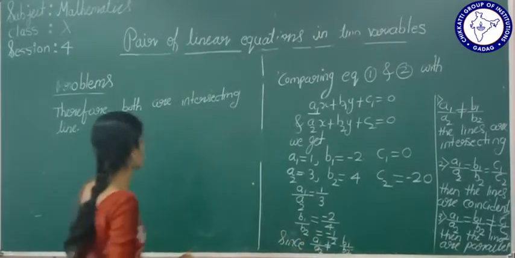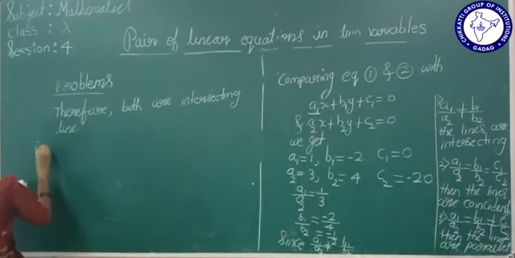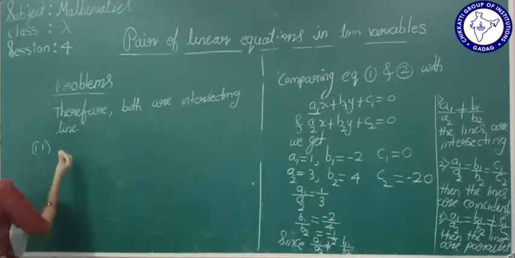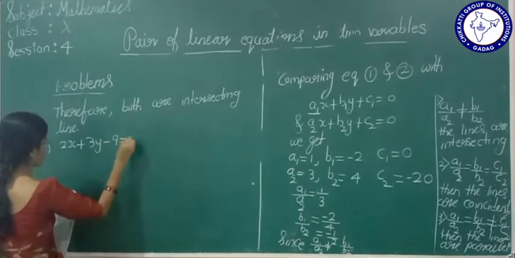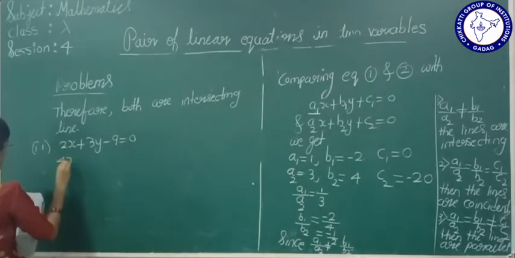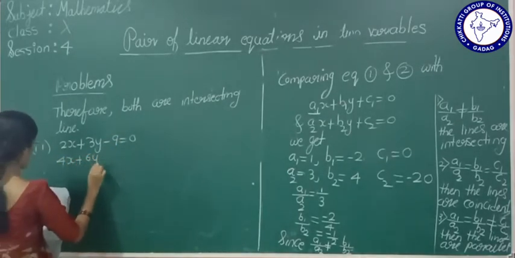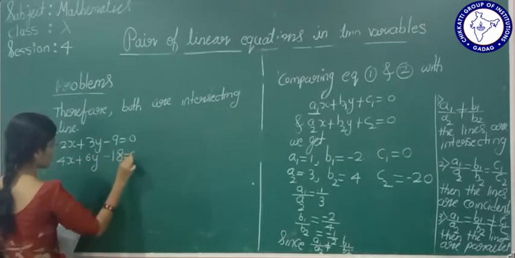Okay, now we will see the second problem. You do and tell me this. Second one, 2x plus 3y minus 9 is equal to 0. 4x plus 6y minus 18 is equal to 0.